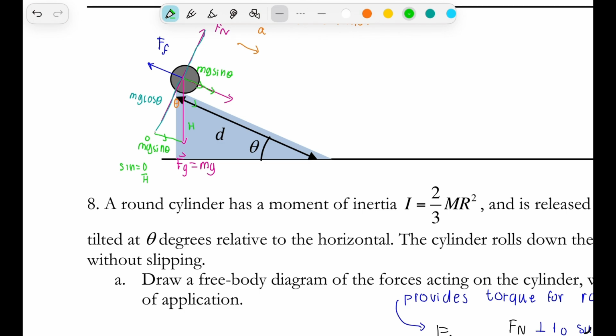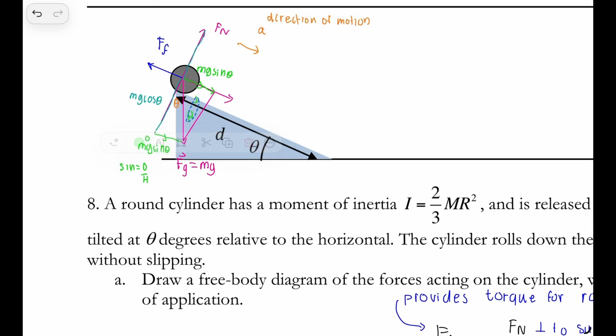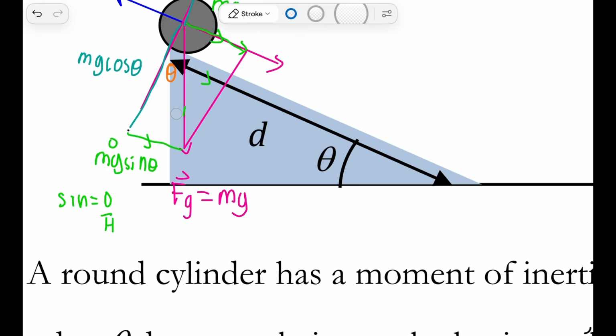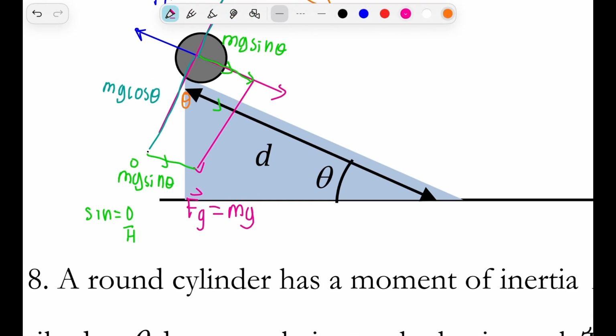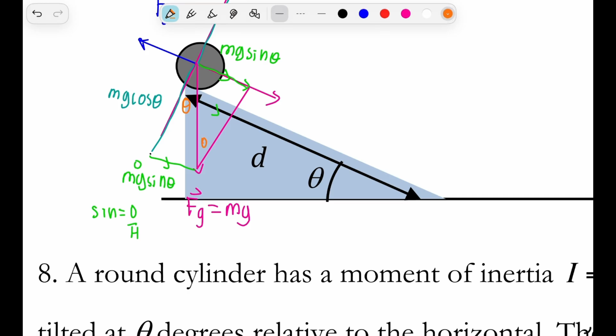And here we also know, using a triangle again, we can form a second triangle like this. And we know by alternate interior angles that this is also going to be theta.